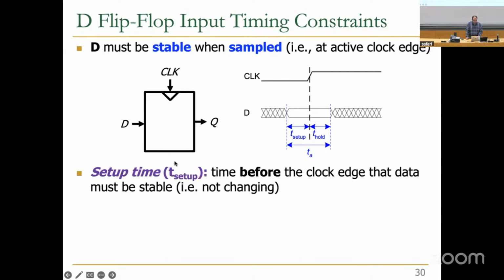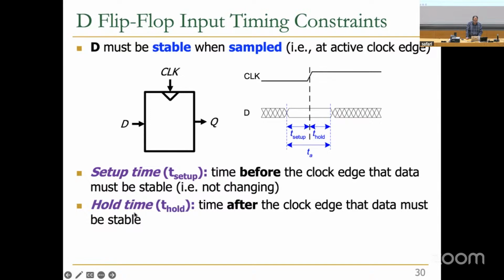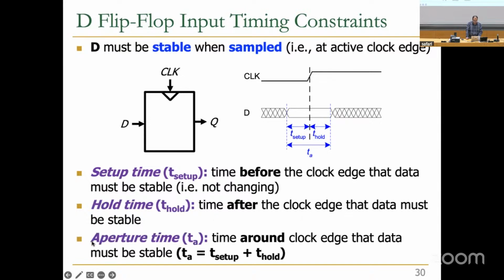So setup time is the time before the clock edge that data must be stable, meaning the data is not changing, and hold time is the time after the clock edge that data must be stable. There is also another term, aperture time, which is the time around the clock edge that data must be stable, the summation of T setup and T hold.